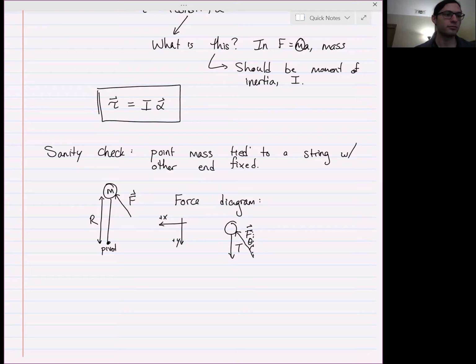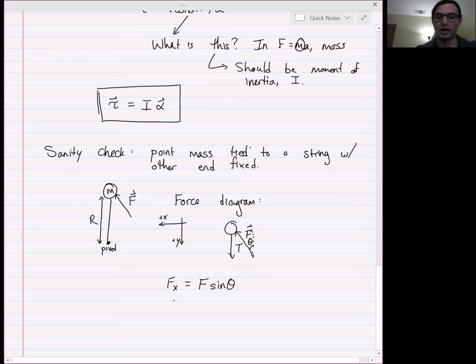So let's break down our components. F sub x, the force in the x direction for this force F, well, that's the force in the left direction. And so that would be F times the sine of the angle theta.